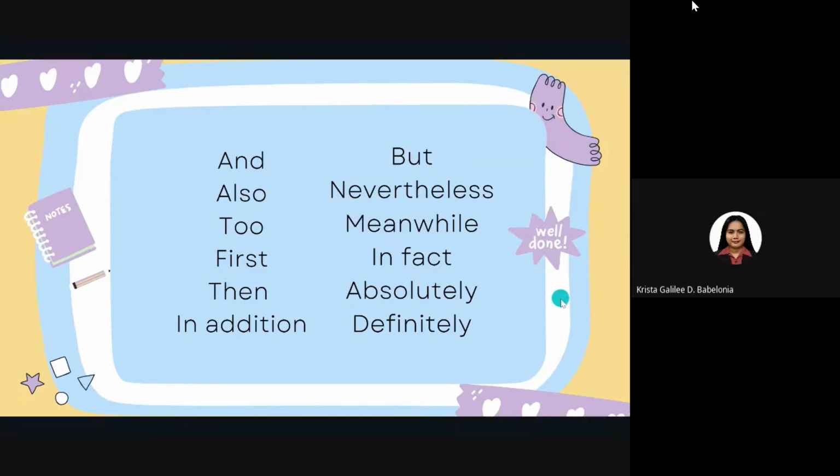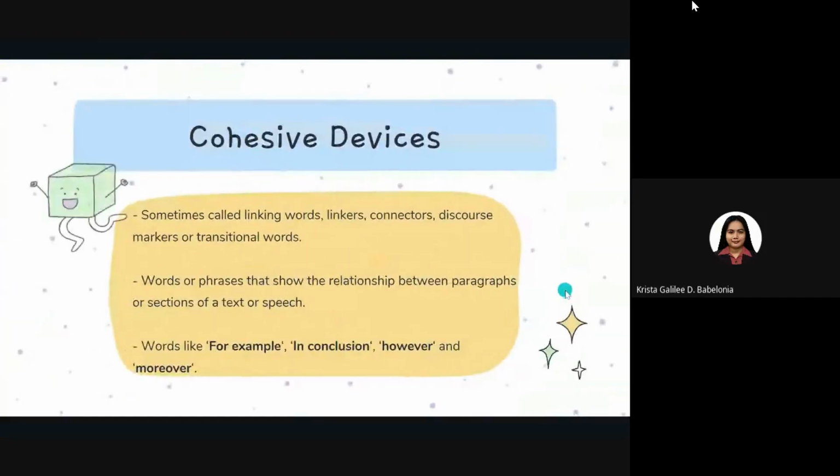That's correct. Now, cohesive devices, sometimes called linking words, linkers, connectors, discourse markers, or transitional words. Cohesive devices are words or phrases that show the relationship between paragraphs or sections of a text or speech. These are also words like, for example, in conclusion, however, and moreover.